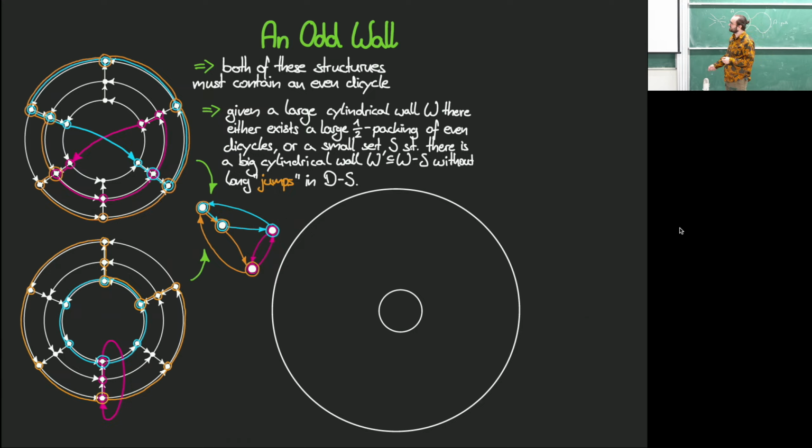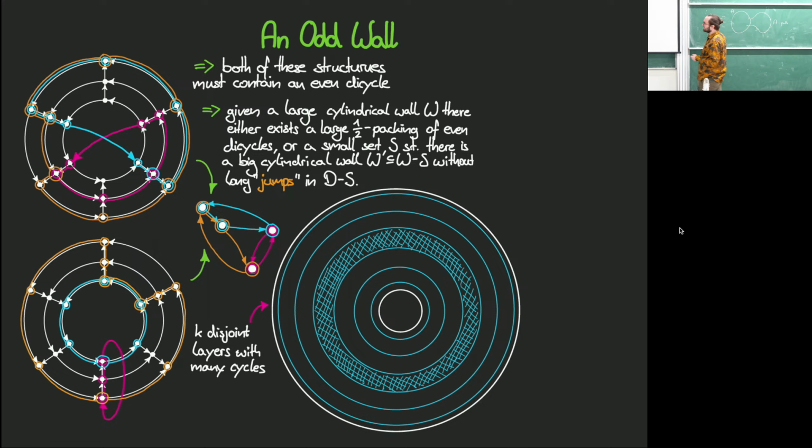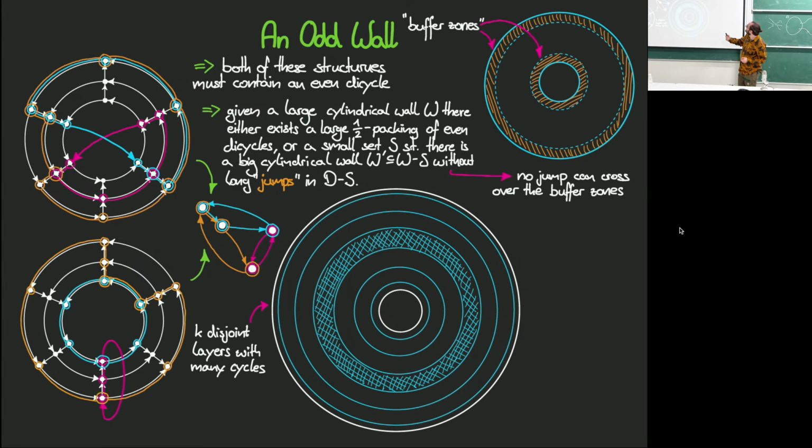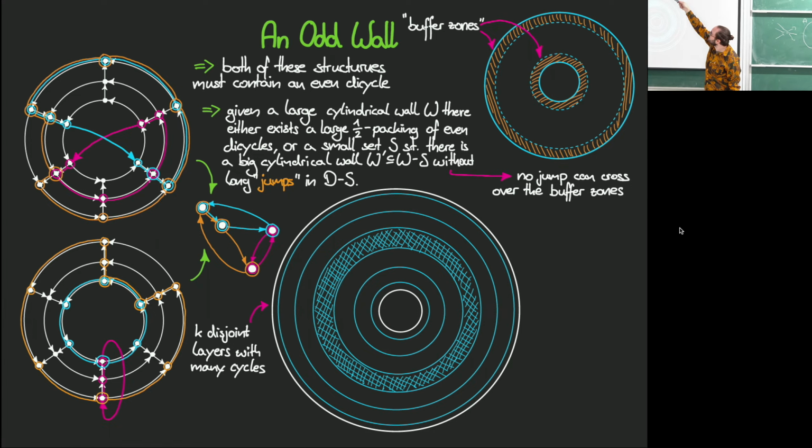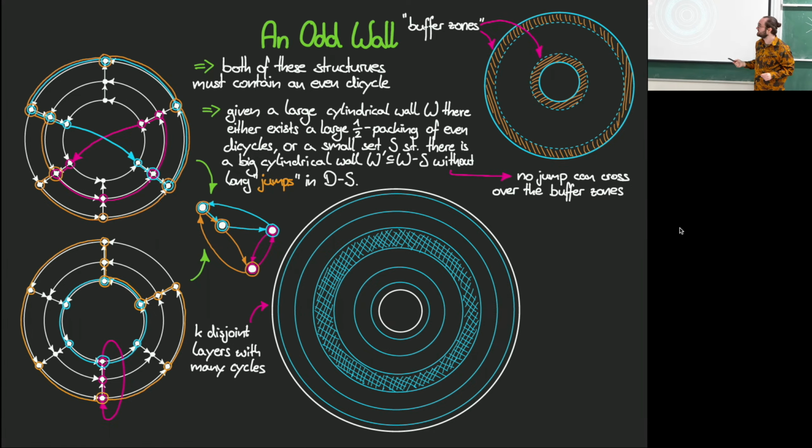Assume there's no jumps. So what I can do now is I can kind of partition the many layered cycles in this guy into many layers. Each of these layers, let's say this guy, consists of some buffer zones. And these buffer zones need to be just big enough such that I can make sure that if there's something that starts in here and jumps outside, it must end inside of the buffer zone because otherwise it would certify one of these long jumps.